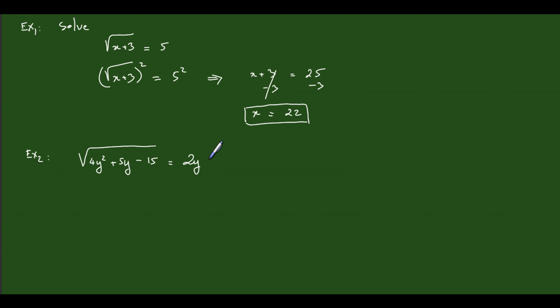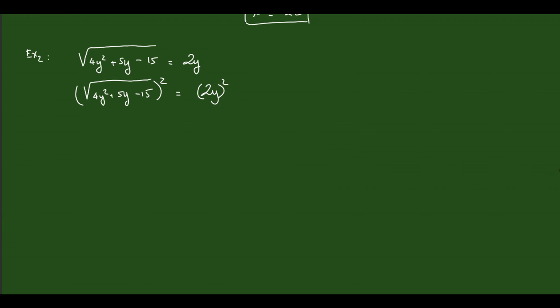In order to get rid of the radical, I'm going to square both sides again. So let me rewrite this. I'm going to square here and square here. Square everything, both sides.